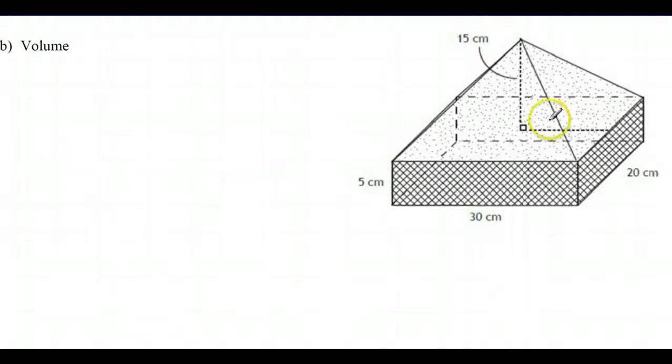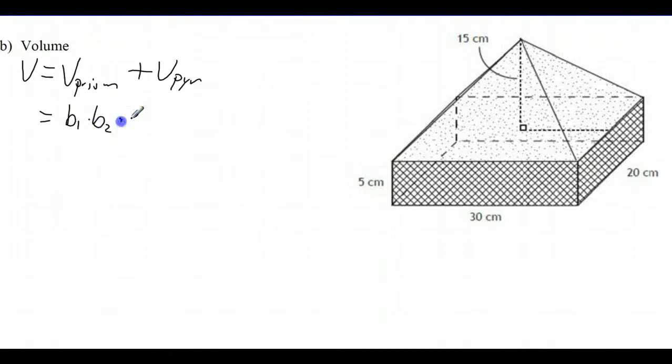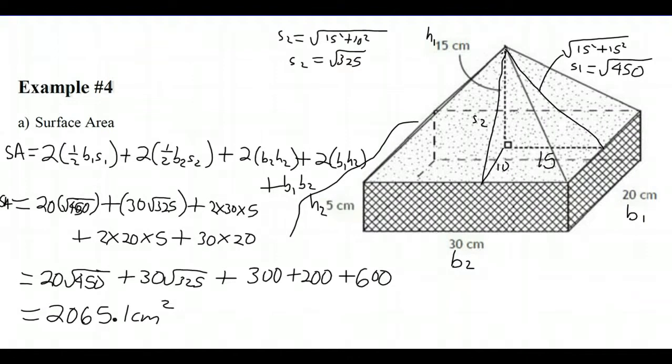Volume. We need the volume of the pyramid, so V is equal to the volume of the prism plus the volume of the pyramid. Volume of a prism, using our naming convention, will be B1 times B2 times H1. Going back to check the naming convention, no, that'll be an H2.